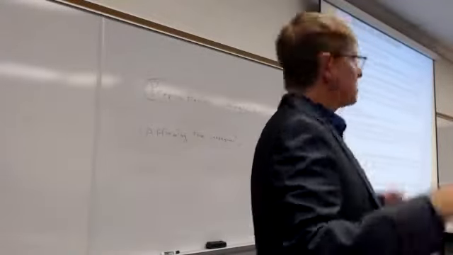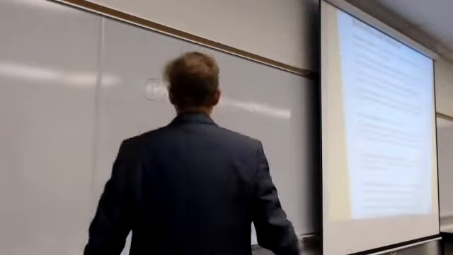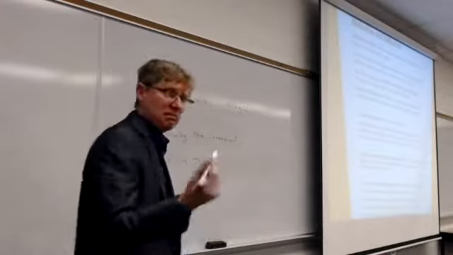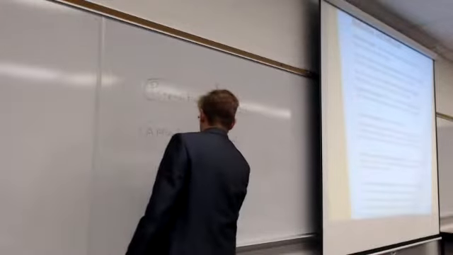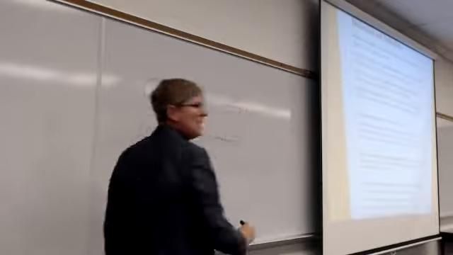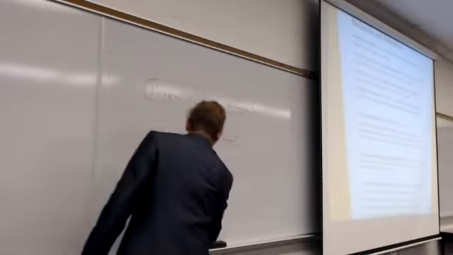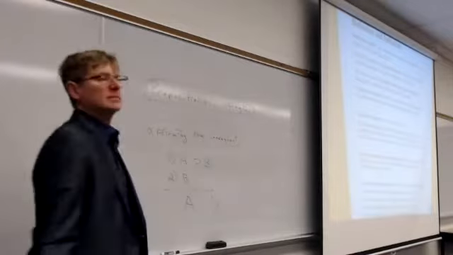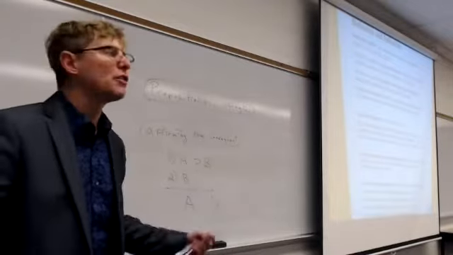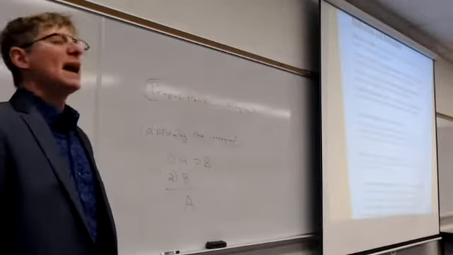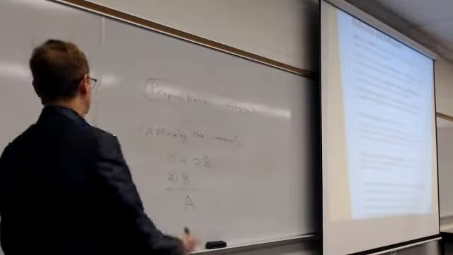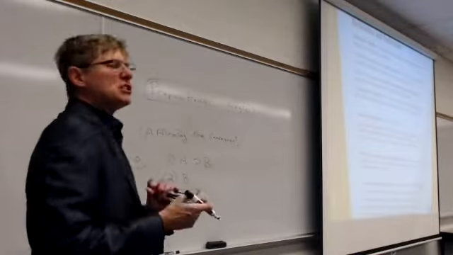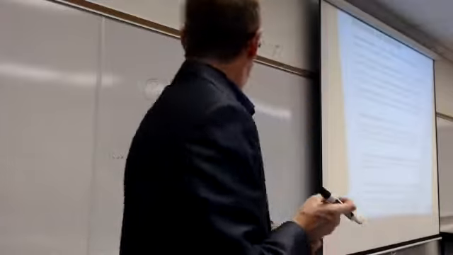It affirms the consequent. It looks like this. If A, then B. The second premise says it's the case that B. And then it tries to draw the conclusion A. Guess what? This is an invalid form.